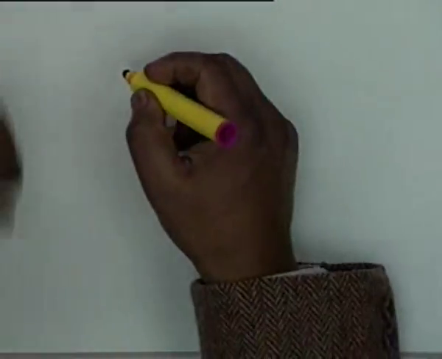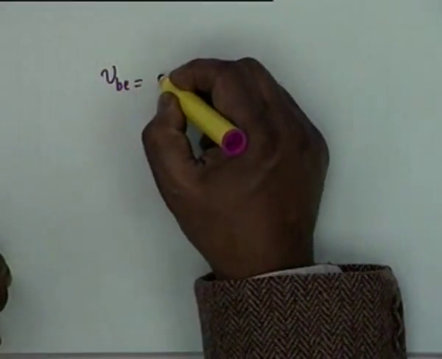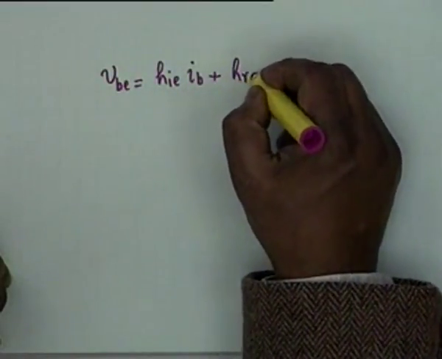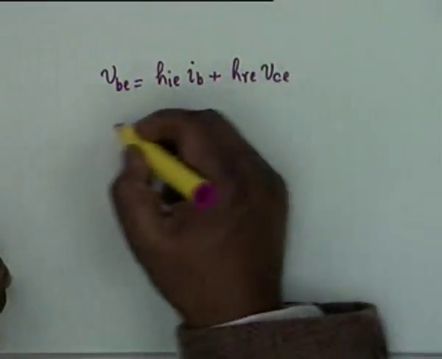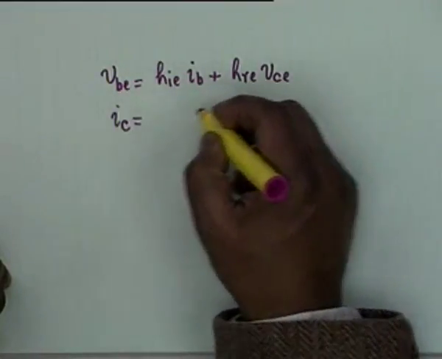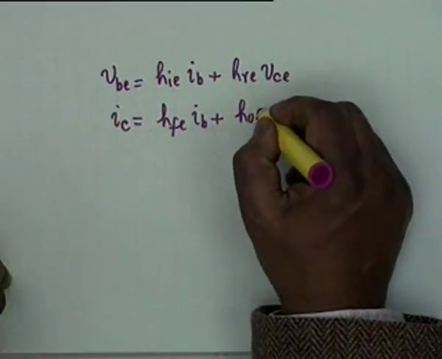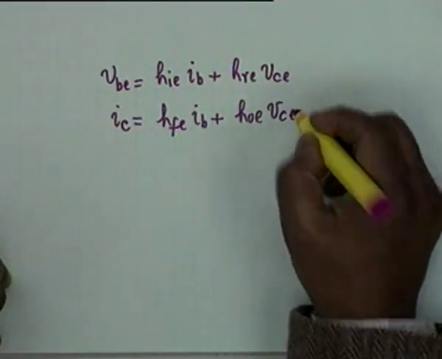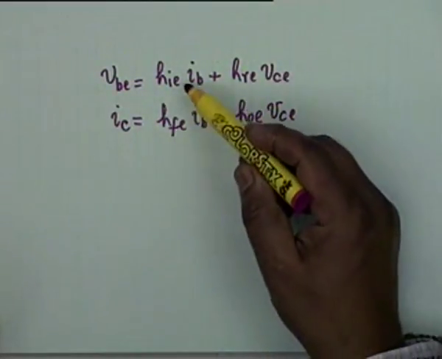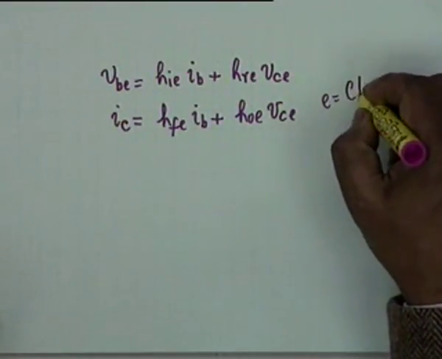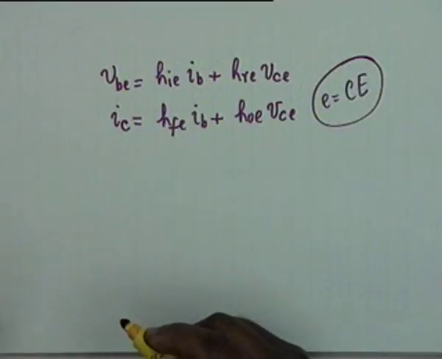Let me write it again. VBE is equal to HIE IB plus HRE VCE, and IC is equal to HFE IB plus HOE VCE. The second subscript here, E, stands for common emitter, CE, common emitter.